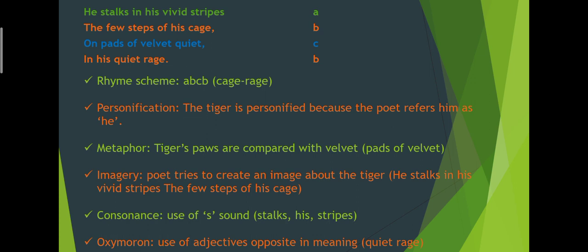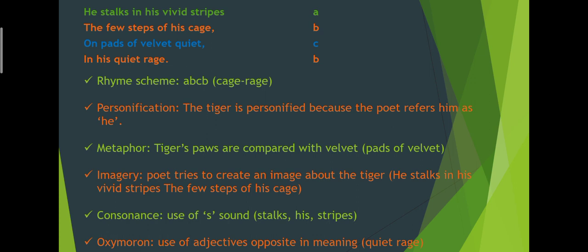If you observe that the rhyme scheme is ABCB, that means stripes, the last word of the first sentence, stripes. The pronunciation, the sound of the last word is different. So we give the first alphabet A, and second line last word is cage, stripes, cage. It is different from the sound of the first line. So we need to give a different alphabet, which is B.